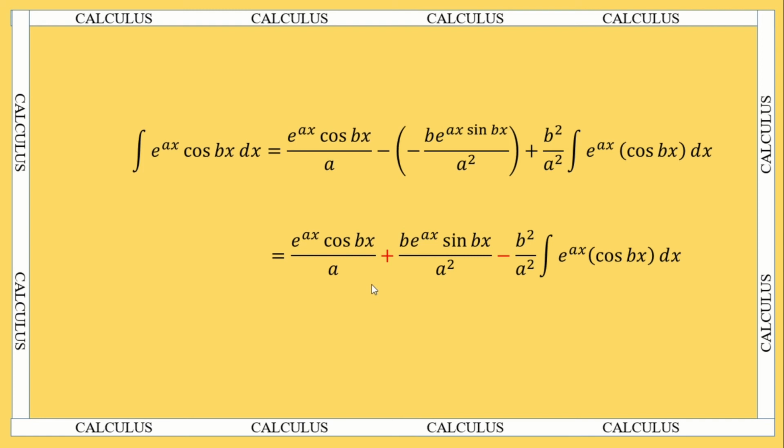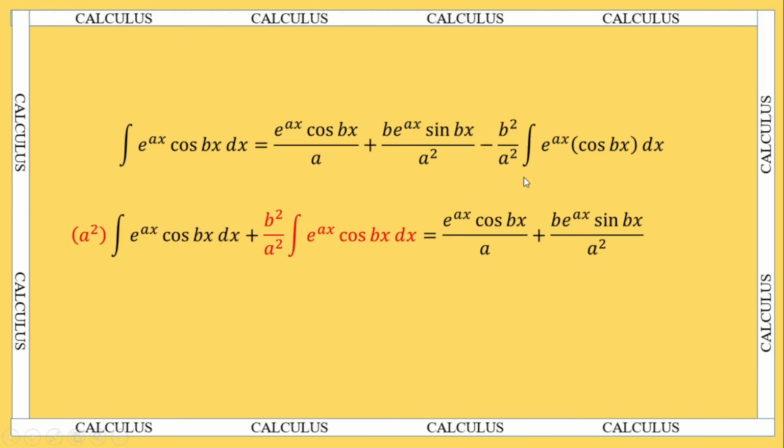So here I just simplify the new equation. After we simplify, we can see it's the same calculation as this. So we just need to combine, take this to the left, and it will become like this. I put a power of 2 here because we want the denominators the same.